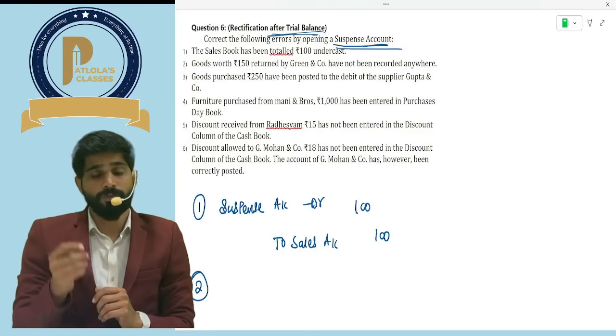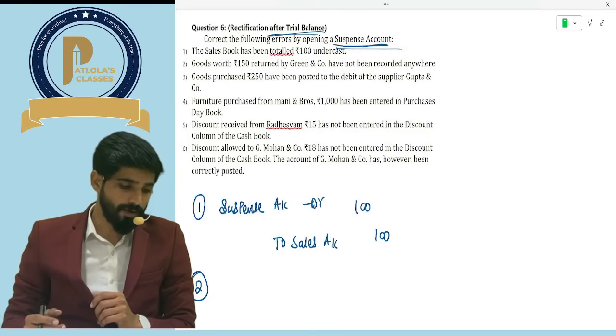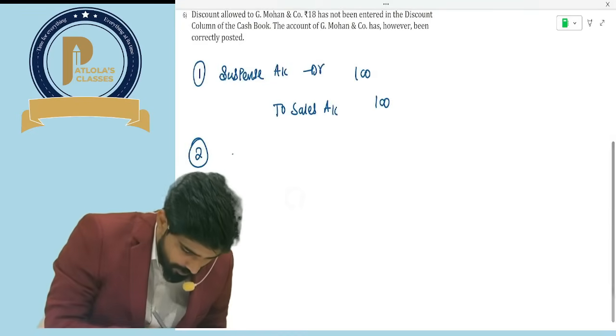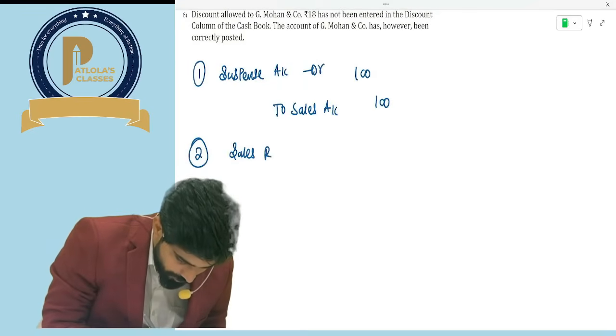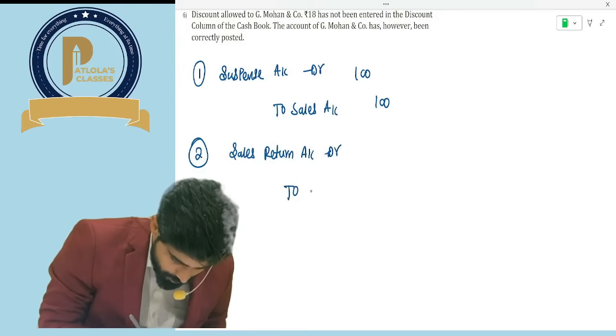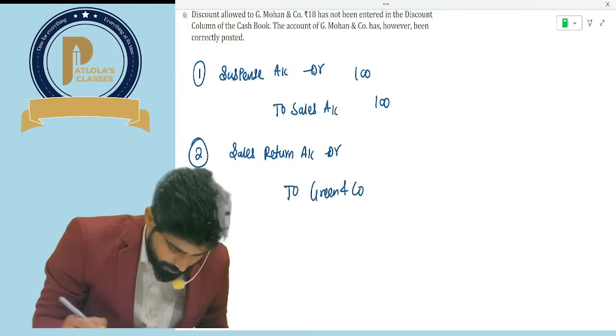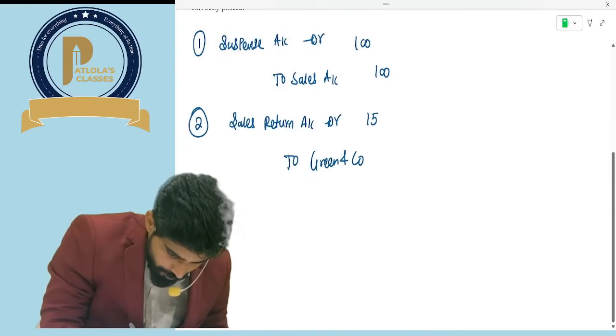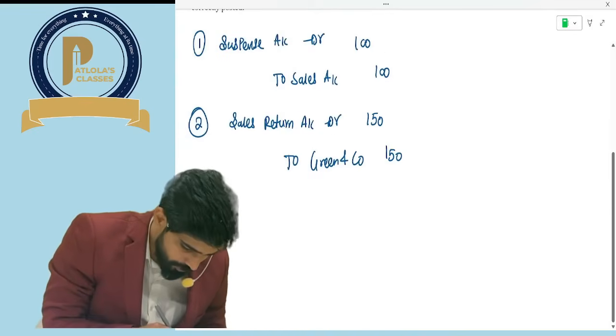However, we need to write an entry for the transaction now. Whenever there is a sales return, what is the entry? Sales returns account debit to Green and Co. That is the customer. How much is the amount? The amount is 150. Chalo.